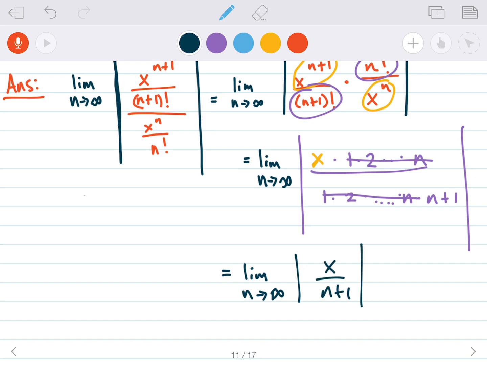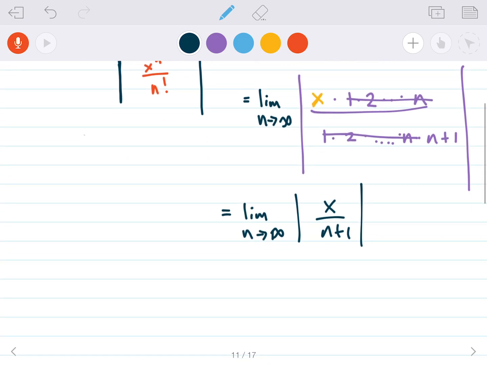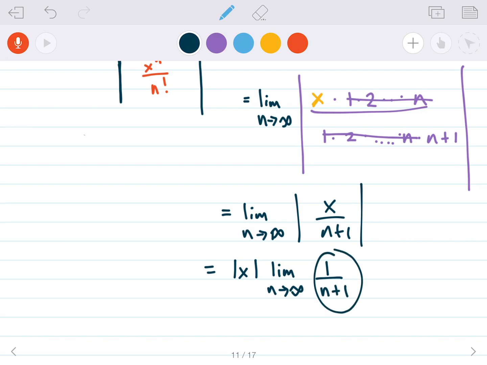Remember, I cannot separate the absolute value bars from x, but I can with the n plus 1 because that's always positive. So I'm going to bring the absolute value of x to the front, and I'm taking the limit as n goes to infinity of 1 over n plus 1. And we all know this goes to 0 when we plug in infinity.